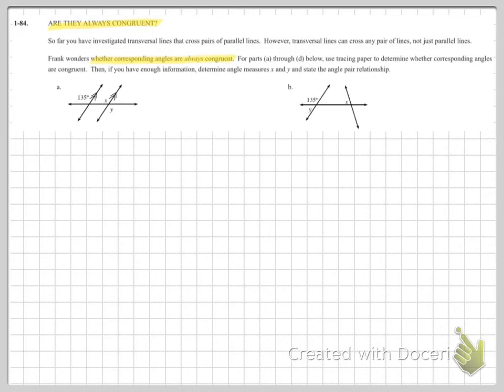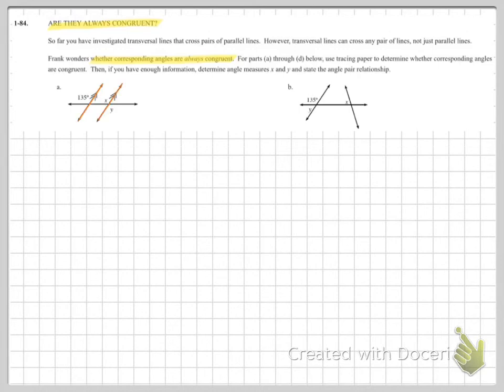So corresponding, remember, means they're in the same relative location. So on our first question, we did angles that were above the line and to the right of the transversal. But you have to make sure that that's always accurate. And I would highly recommend using some sort of tracing paper here. But the first thing that I'm really looking for on these pictures is parallel, because that's kind of the dead giveaway that, as far as I'm concerned, things are actually going to match.